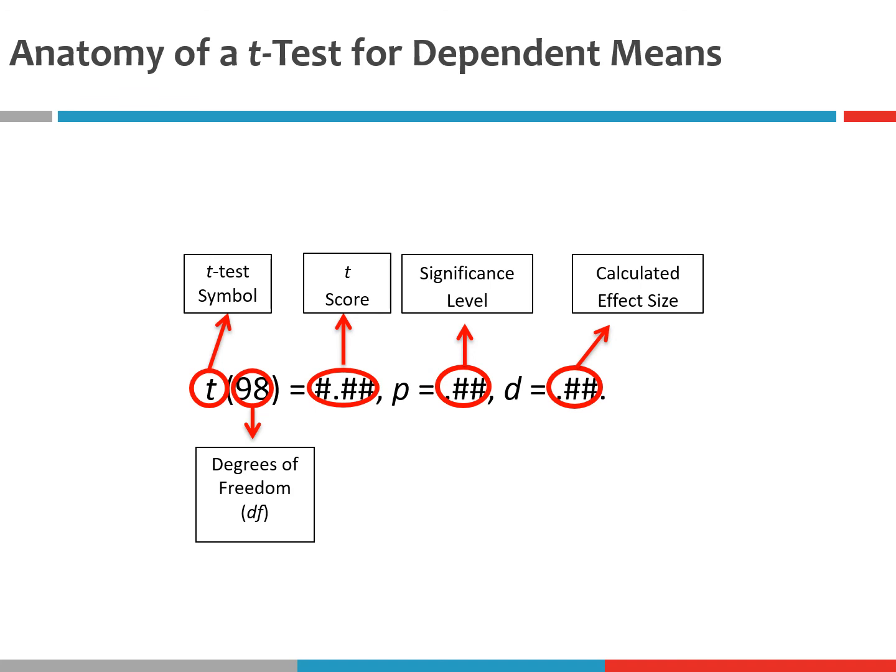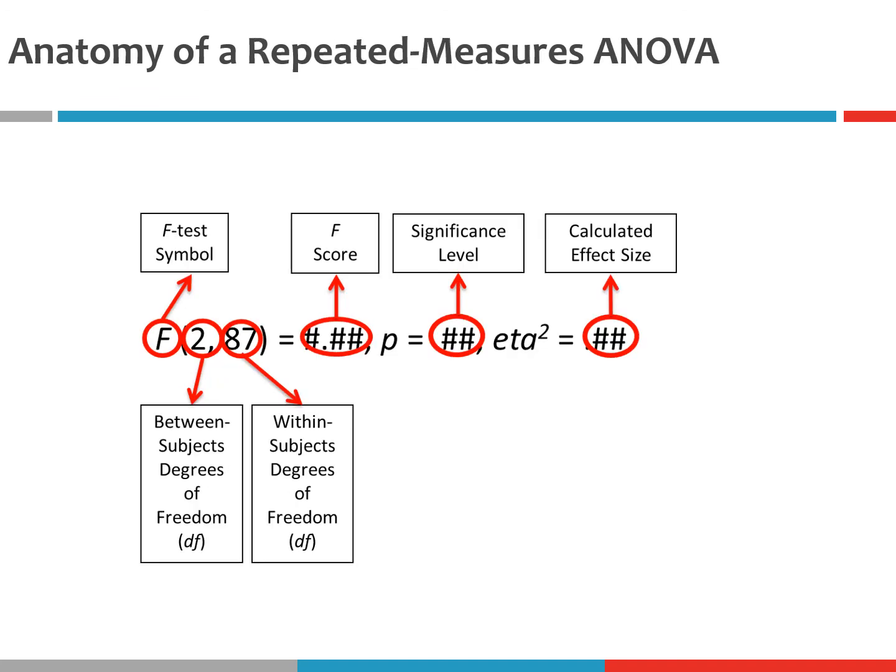So we want the p-value to be small, and the d-value to be bigger, closer to 1. I want the p-value closer to 0, the d-value closer to 1, basically. If I did repeated measures, then it would be F, because it would be ANOVA, and I'd have between subjects degrees of freedom, which is the number of groups minus 1.